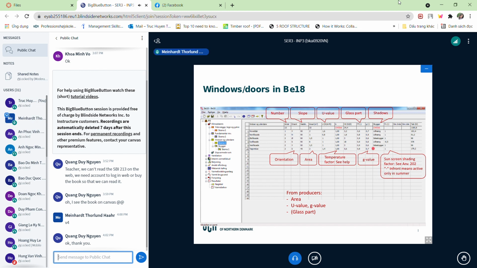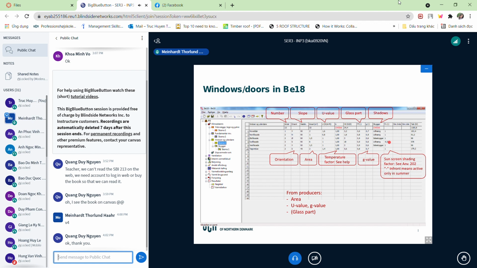And then we have the shadows. Where we define the shadows is in the next one. But if we have shading, basically it means if we have 1, we don't have any shading, and if we have 0, none of the sun will actually get through. This is something we get from the manufacturers of shading.